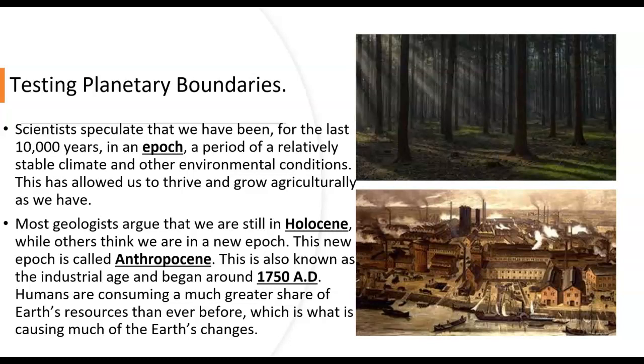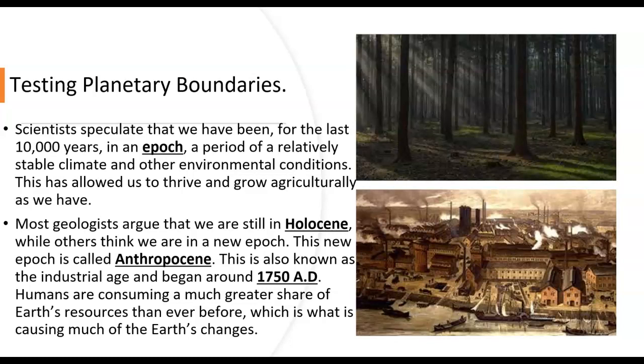This is known as the Industrial Age, and began in about 1750 AD. Humans are consuming a much greater share of the Earth's surface than ever before, so it's causing the Earth's changes.